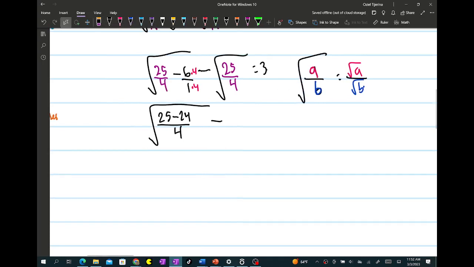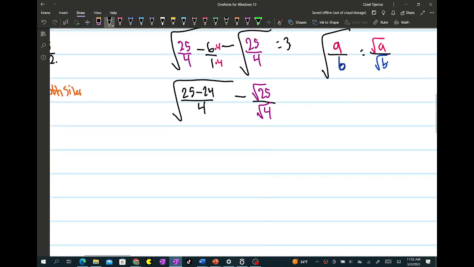So we're going to split this into 2 square roots: the square root of 25 over the square root of 4, right? So this would be equal to 3, right?